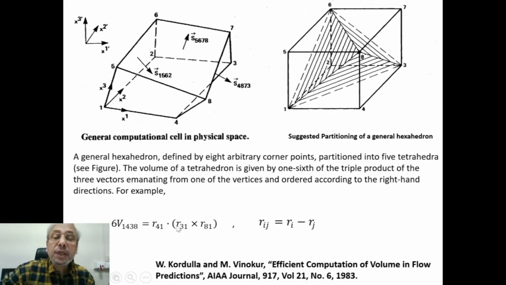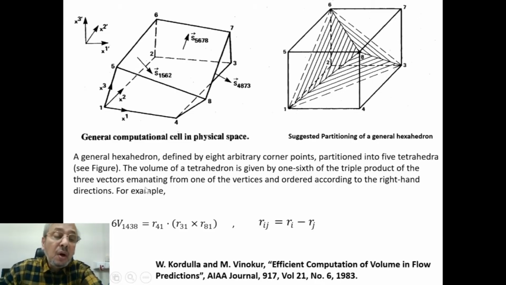1, 4, 3, 8. So it is given by 1/6 of the triple product of the 3 vectors emanating from one of the vertices, and the vectors are defined as Rij equal to Ri minus Rj.